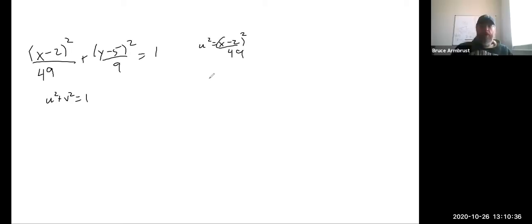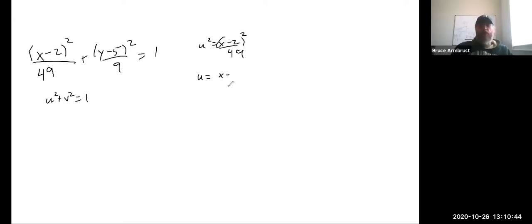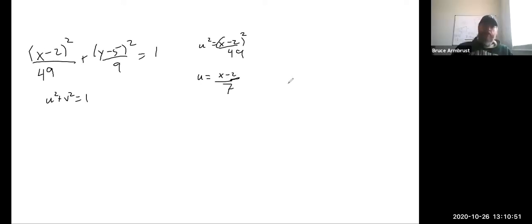So what would that make u? Plus or minus the square root of that. Okay, so plus or minus, so we'll just go plus since it doesn't really matter. So the square root of it is going to be (x minus 2) over 7. Does that seem like that'll work out for us?